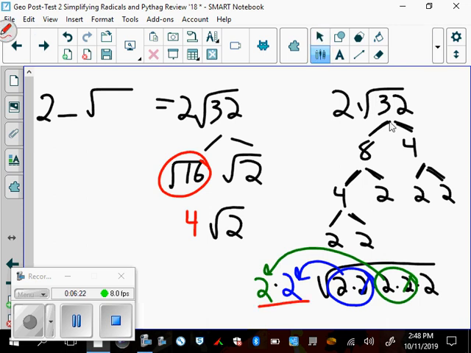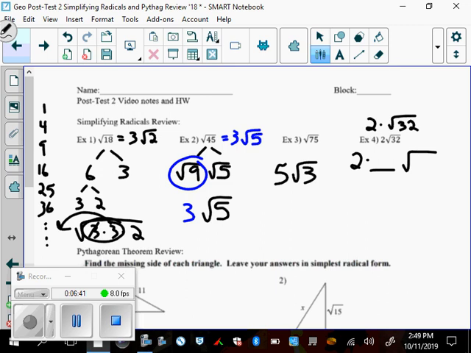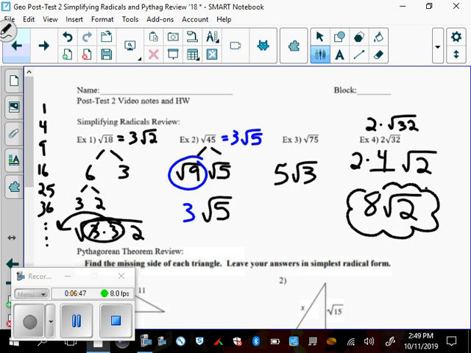So these would end up being a 4. I'm left with 1, 2 that sticks underneath that didn't have a pair. And at the end, 2 times 4 is 8 radical 2. That's probably as complicated as it can get, besides having bigger numbers. And again, we can double check with our calculator.